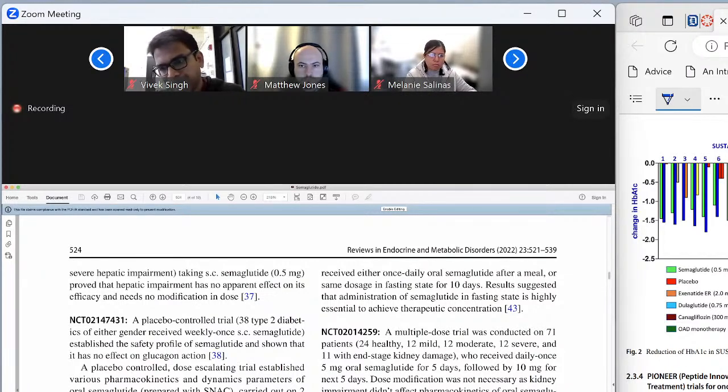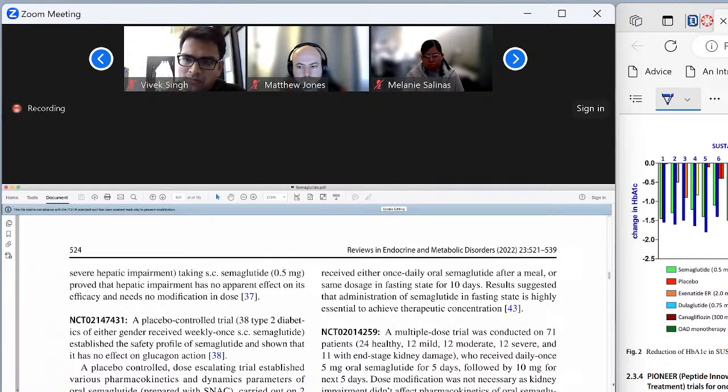So phase 1 is to assess the safety. So they use healthy volunteers and a small number of people. Right. That's right. So small studies, not even looking at efficacy, but just to determine safety.